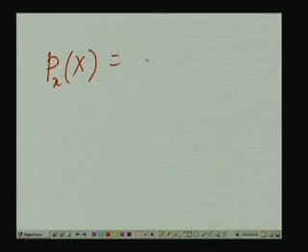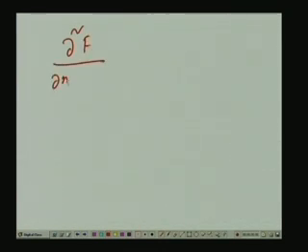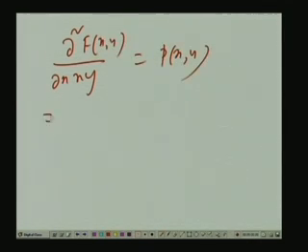By the way, I forgot to mention one thing. It is very clear, we should always at least write it out. We have seen that del square F over del x del y is p(x, y), where x and y are any general variables now.